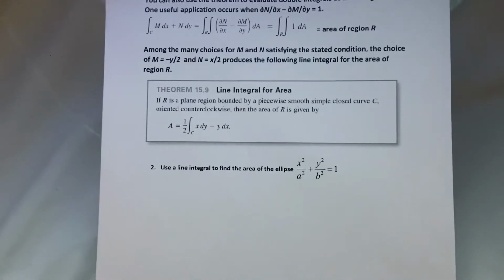The area is then 1/2 the integral of x dy minus y dx. If R is a plane region bounded by a piecewise smooth simple closed curve C oriented counterclockwise, the area of R is given by 1/2 the integral of x dy minus y dx.